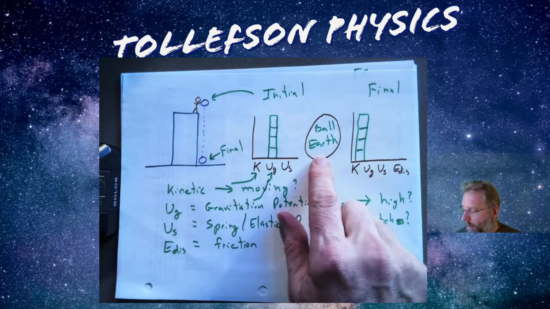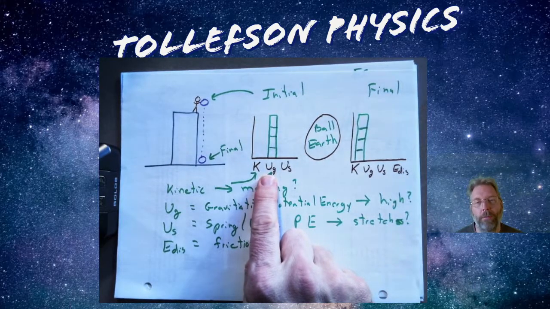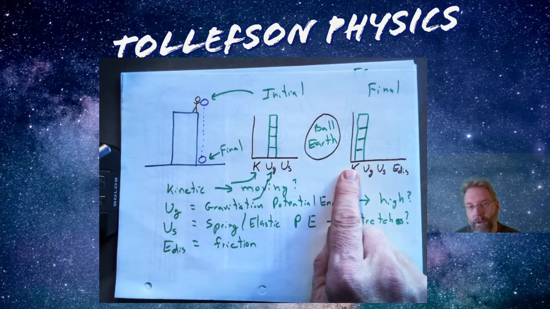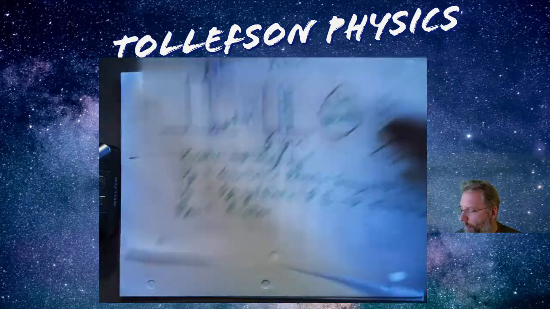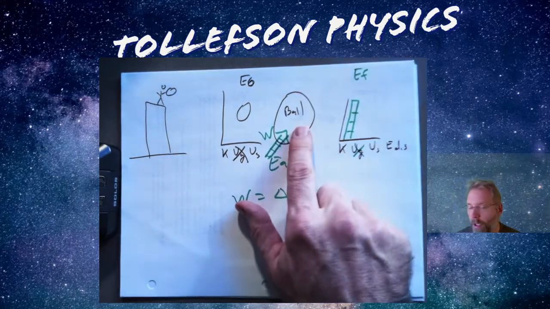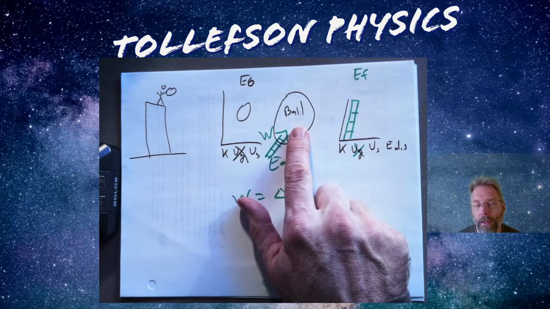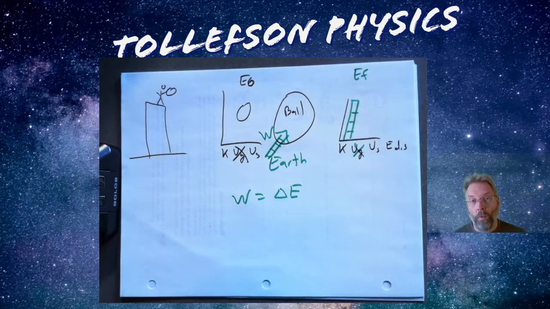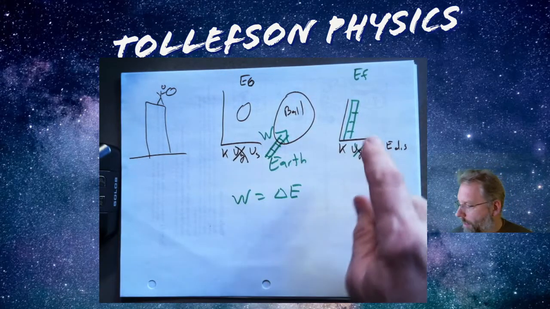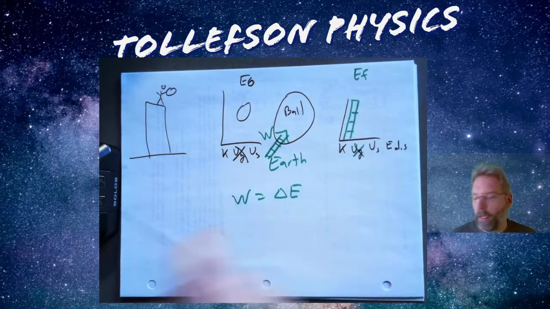If I include the Earth, I can talk about gravitational potential energy being transferred to kinetic energy. But I also could just look at just the ball and see that the Earth does work on the ball, which means I'm going to add energy to the system, to cause that ball to speed up and give me kinetic energy.